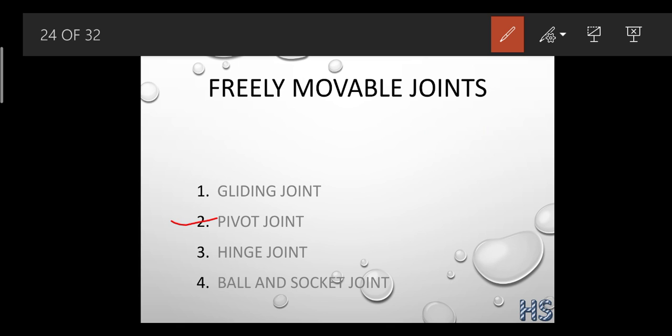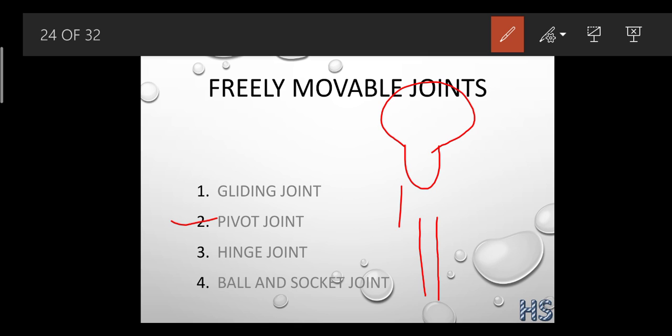Pivot joint. This kind of joint is present between the skull and the vertebrae. Skull means this part, and vertebrae means the spinal cord.